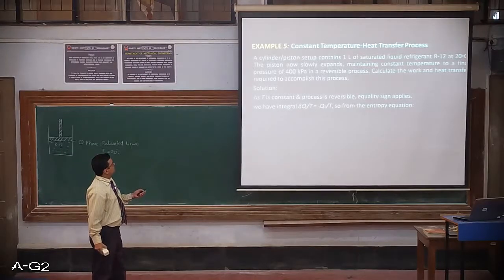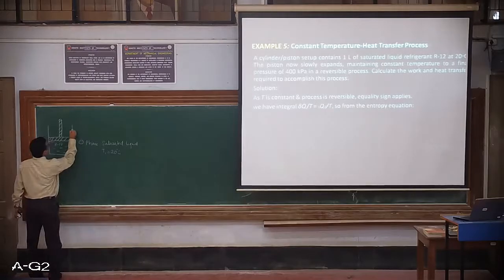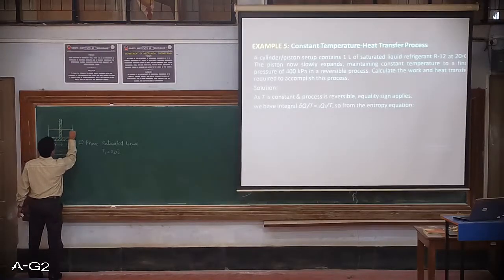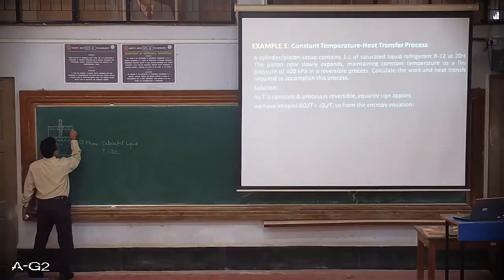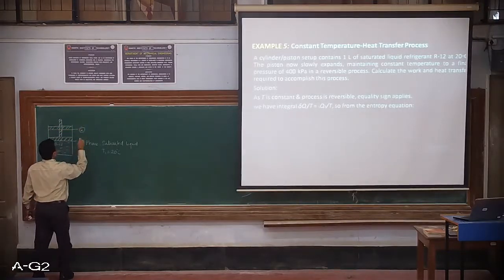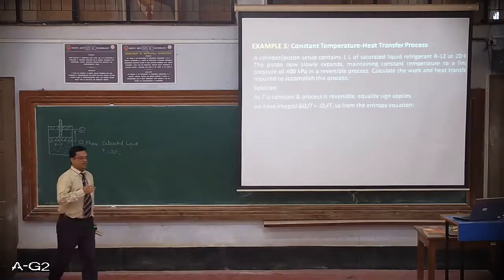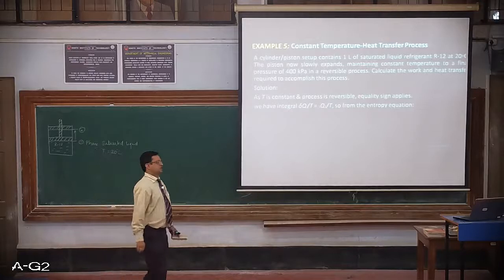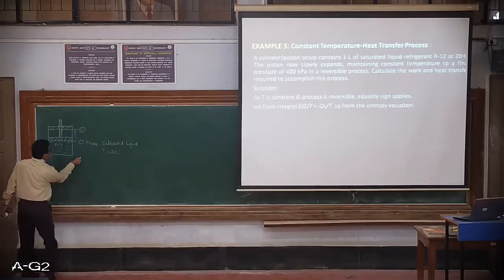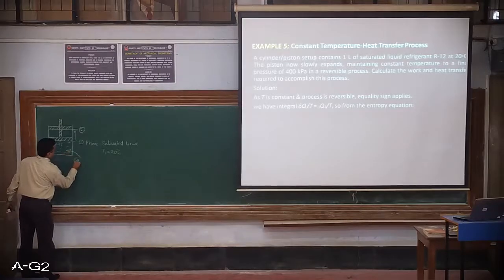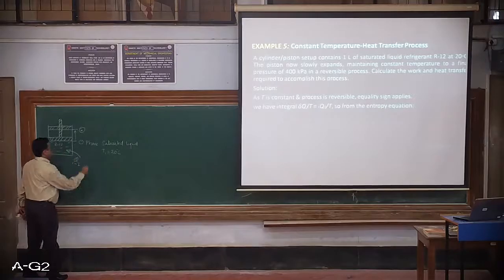The piston now slowly expands. So this piston moves from this location to, let's say, another location. So this is the new location of the piston. Let's say this is state 2. So this is an expansion process, a constant temperature expansion process. If this is to expand, obviously some heat is to be added to make it go from state 1 to state 2.